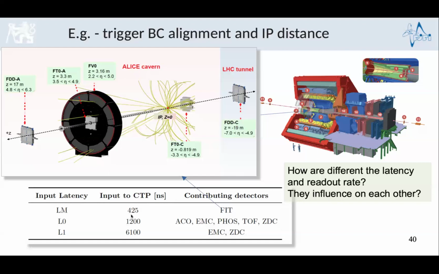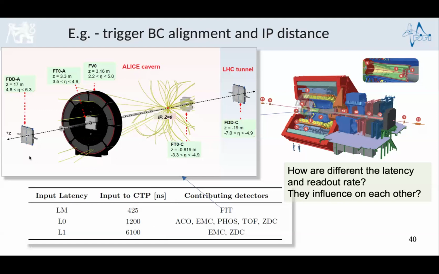And this requirement is 425 nanoseconds. Then there are other detectors that are a bit slower, and for this other layer of trigger decision, 1200 nanoseconds is required. So it is a bit more loose requirement of the timing, and as we increase the level, we have more relaxed requirements.